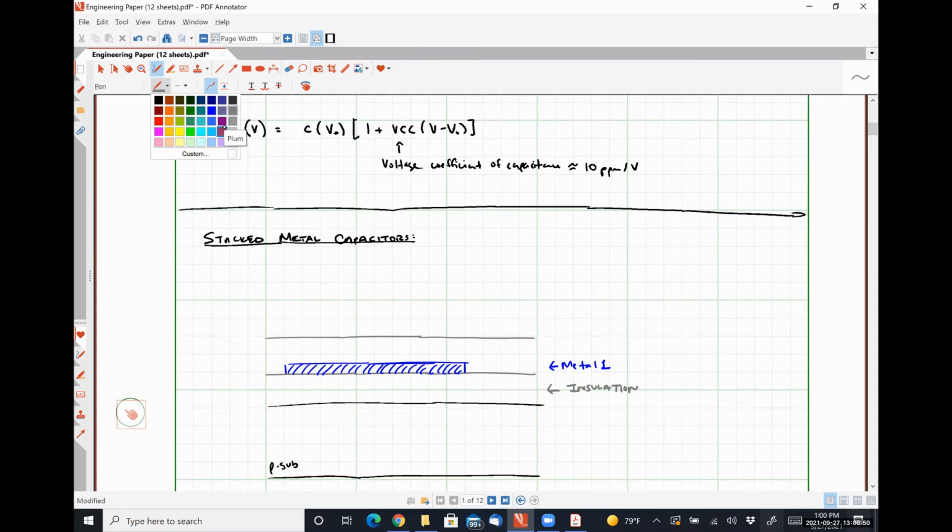I don't recall what color I was using for metal 2. Does anybody remember? Well, I'll just make up a new color. We're gonna call it green for today. That doesn't look green.